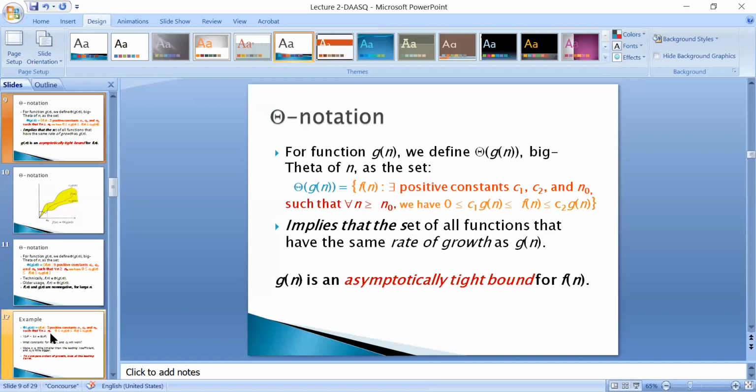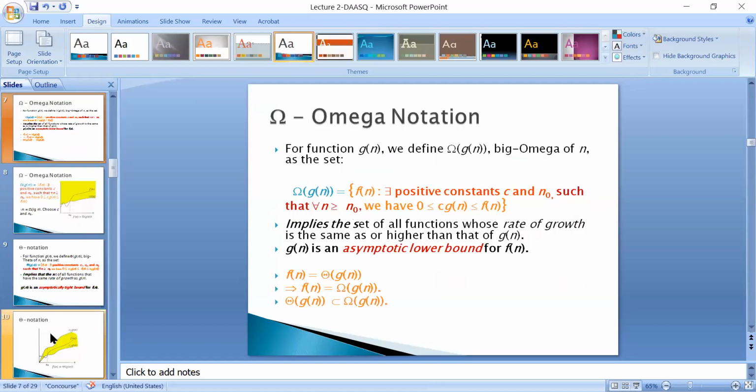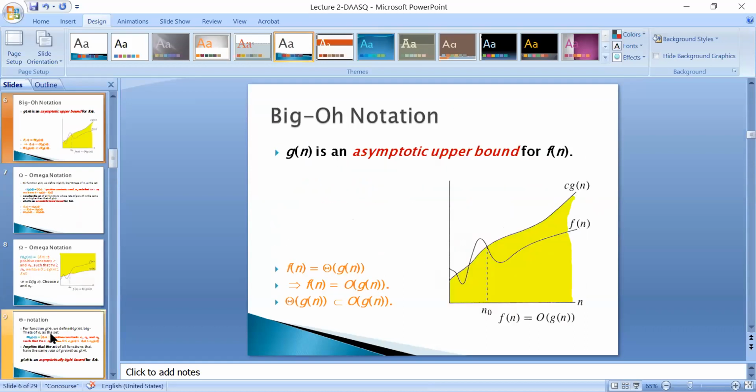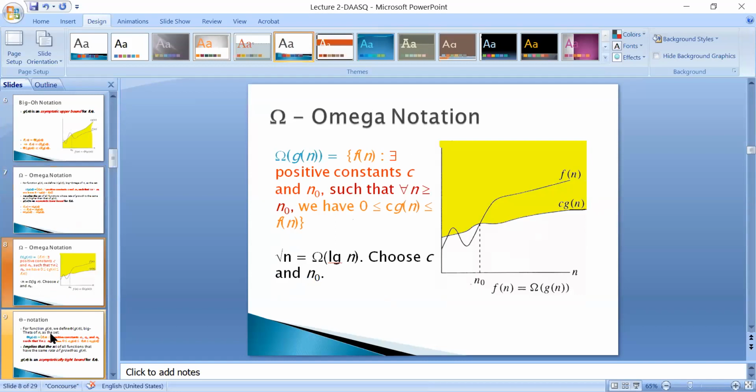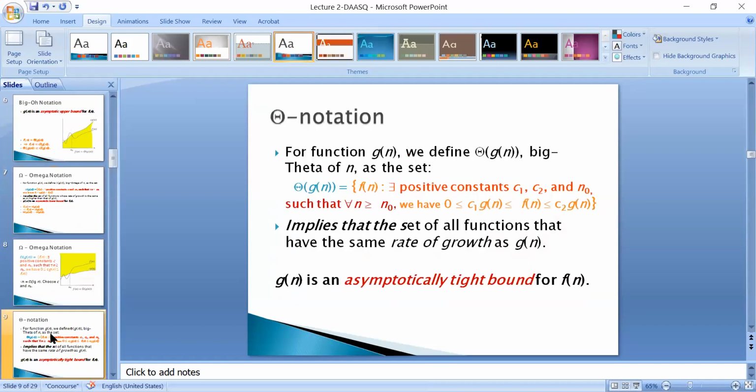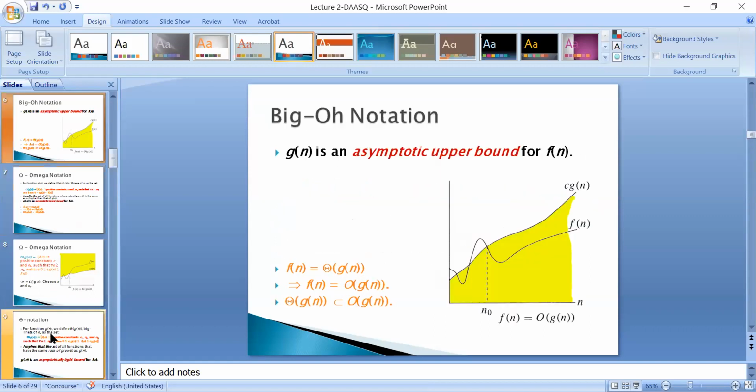So I want you to look at these two graphs. You see you have a Fn and you have a Gn, and the yellow part lies below Gn. If you see here, you have a Fn and a Gn. This time Fn is above this Gn. And in your previous case, Fn is below C into Gn.